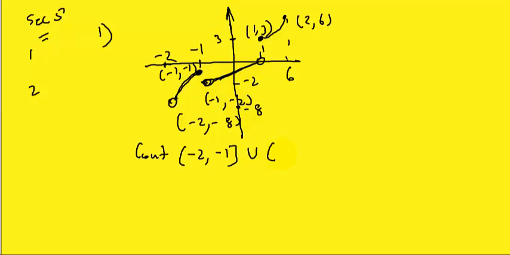So union of the open interval (-1, 1). And it's also continuous from here to here, so union of the closed interval [1, 6]. That's where it's continuous.